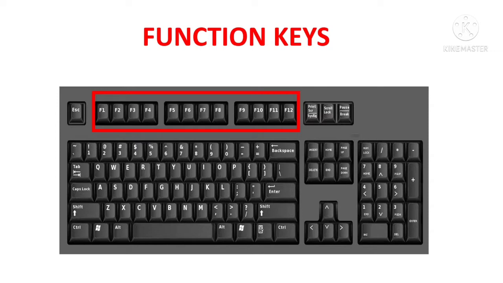So this highlighted part are function keys, and the use of function key is to perform a specific task. मतलब कुछ भी हमको specific function करना हो, for example save, open, okay, ऐसा कुछ भी हमको एक specific function करना हो तो उसके लिए हम function key का use करते हैं, and they are present on the topmost row of the keyboard labeled as F1, F2, F3 till F12.